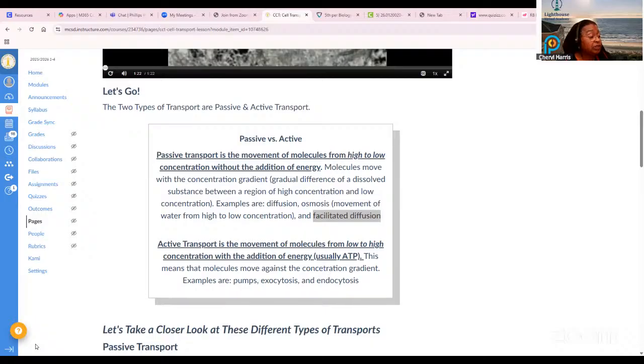So the cell has mechanisms to control that. When too much stuff comes in, it has a way of pumping it back out. We said it has to go through the life processes, which means it digests and breaks down materials, and then it wants to let some things out. If the materials are too much inside the cell, that now is the area of high concentration. It can send it back out to the area outside, which is now low concentration.